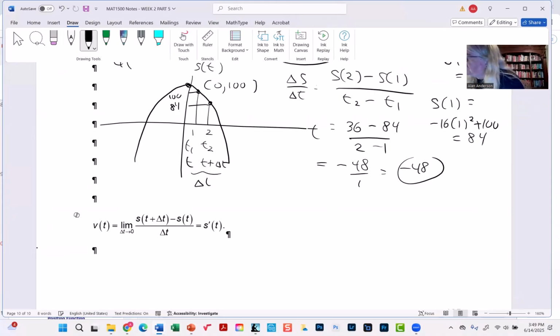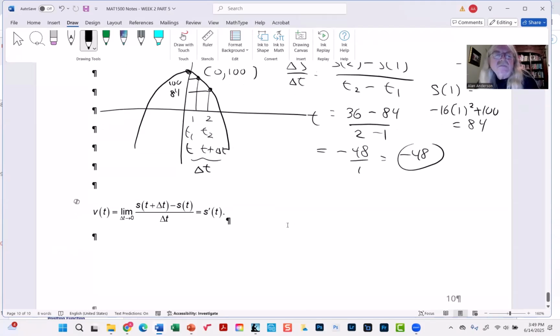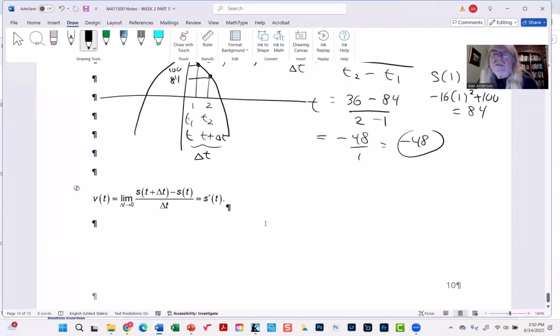And then this distance is delta t. So this is the exact same formula we had before, except that they're using s's and t's instead of f of x and c. So the velocity is the rate of change of the position with respect to time.